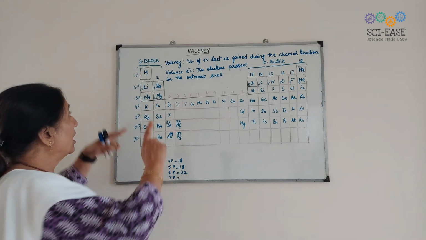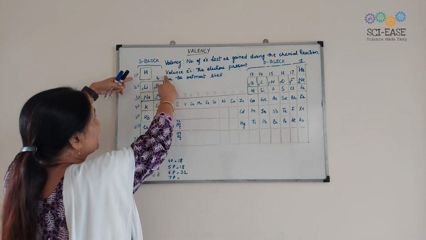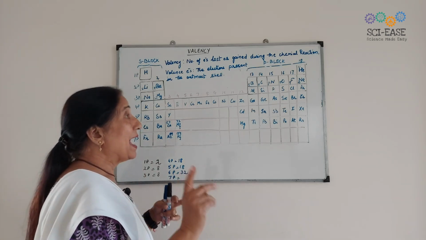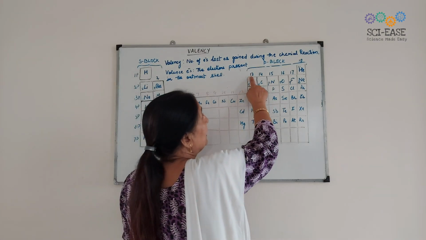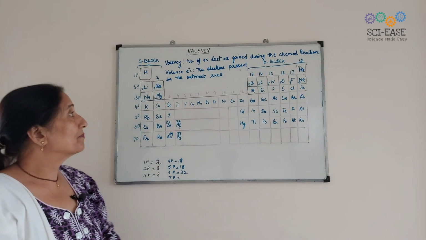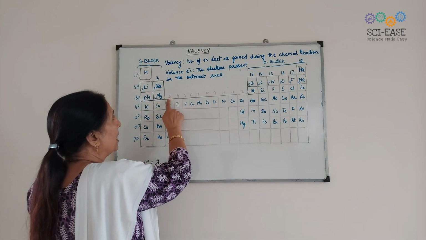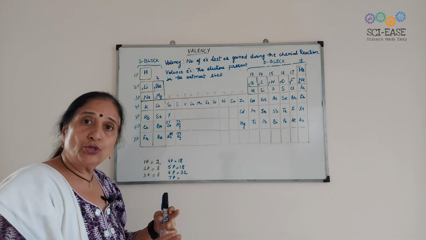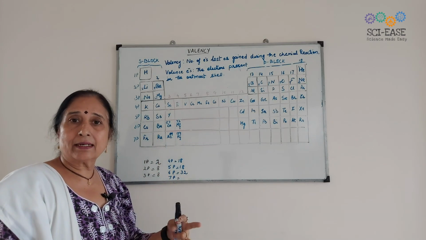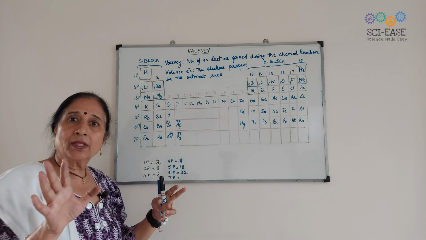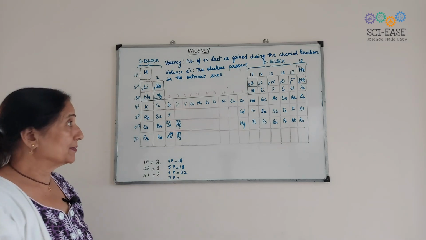We will talk about the first and second group, that is S block elements, and groups 13 to 18, that is P block elements. We will not talk about the 3rd to 12th groups. This you will study in your higher classes. The D block elements, you will study in higher classes.